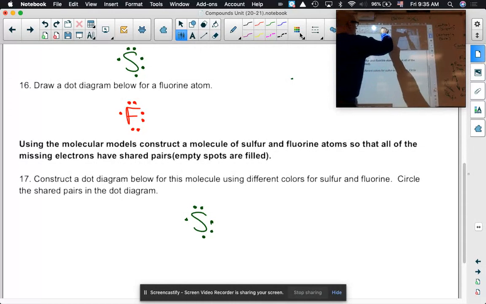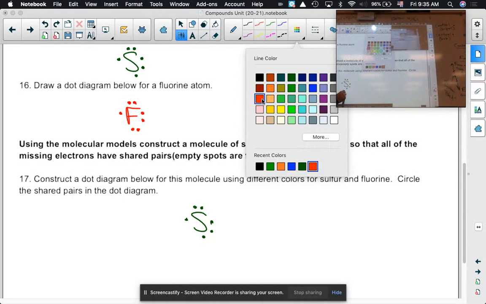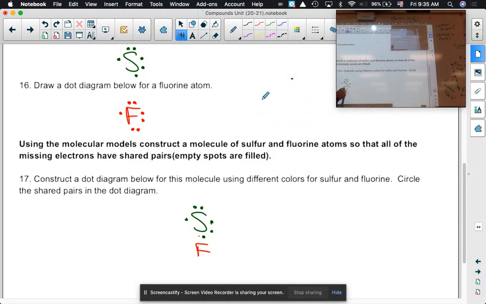And so that means one fluorine could be down here where we have 1, 2, 3, 4, 5, 6, 7. So that makes an octet.